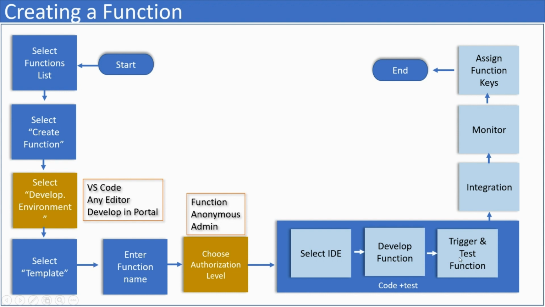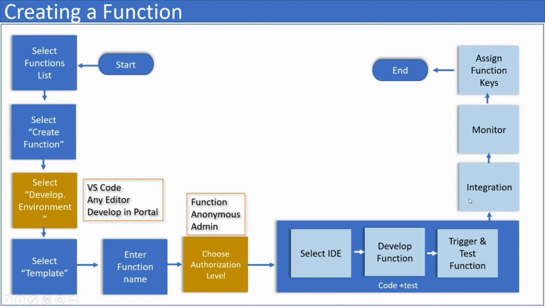and you can do triggering either using the Azure portal or using the URL which is created for an Azure function that can be triggered from outside. Like I mentioned, it can be a timer function or anything. And then you test your created function, and you can integrate the created function with various other tasks.